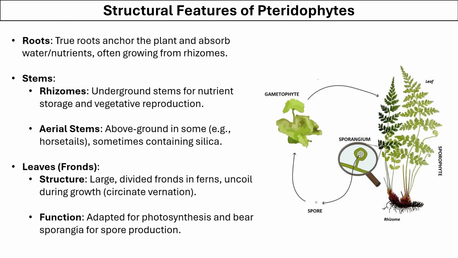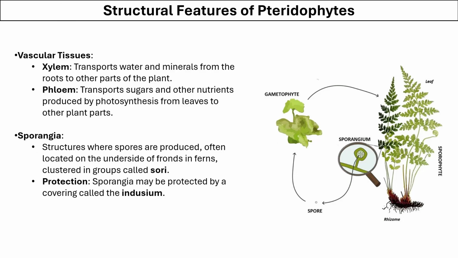The leaves of pteridophytes are called fronds. They are large and divided structures, as you can see in ferns, and are adapted for the process of photosynthesis and bearing sporangia for the production of spores.